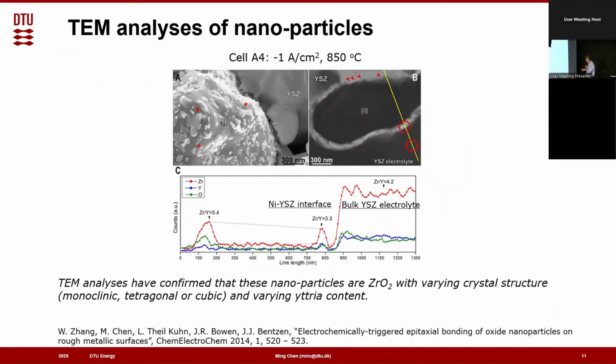If we move to the interface, it has a higher yttrium ratio. And if we move to the nickel pore surface, it has less yttrium. So the reaction happened at this interface, and zirconium diffuses, most likely from the surface, we believe, or from the bulk, then forms these oxide nanoparticles, which then push away. And it can also precipitate at other interfaces.